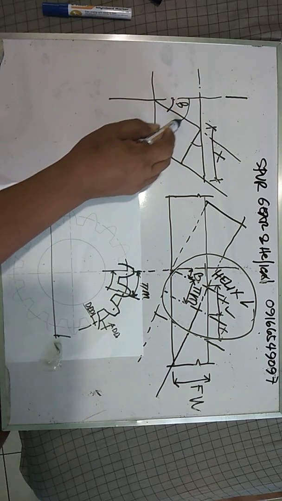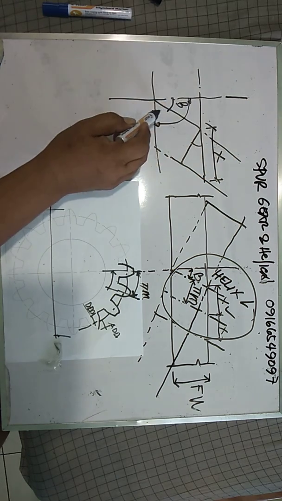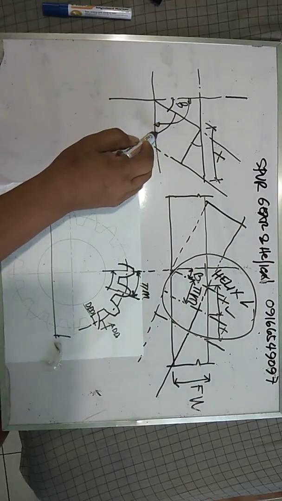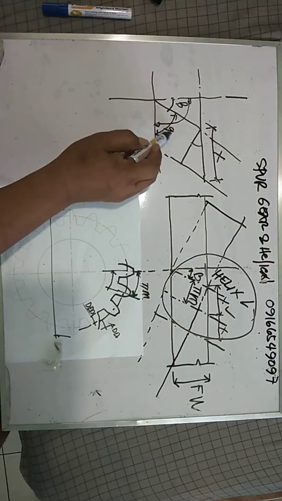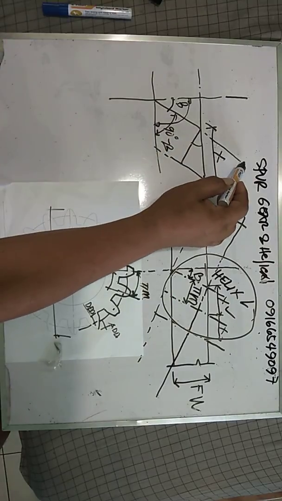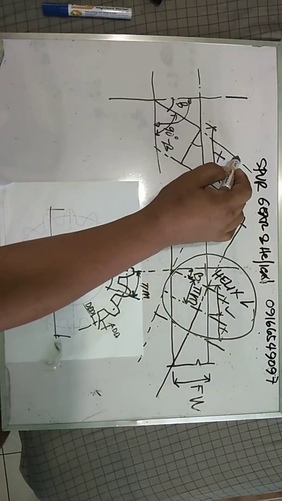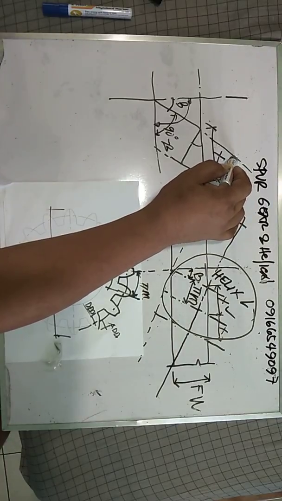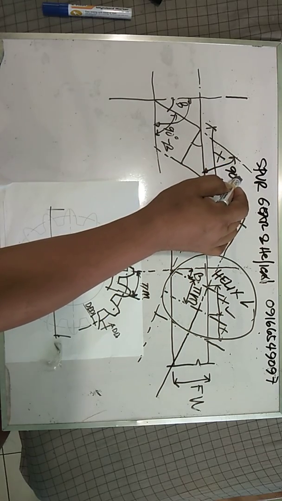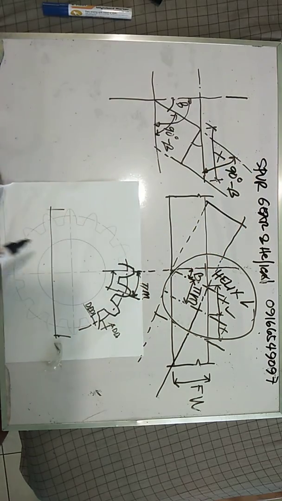This is 90 degrees, so 90 degrees minus beta, this is 90 degrees minus beta.